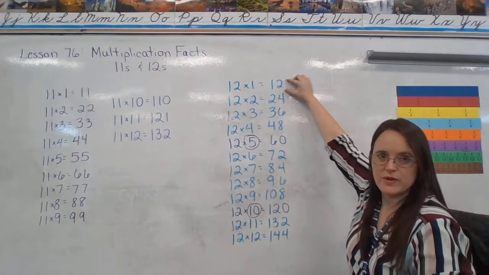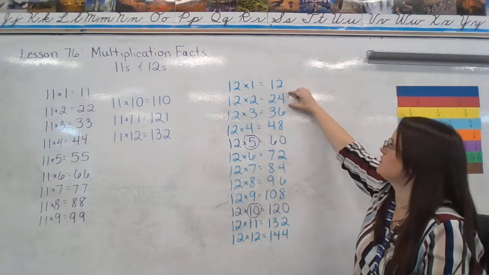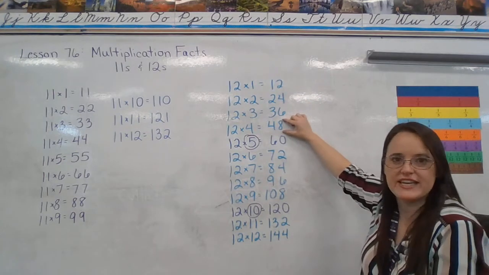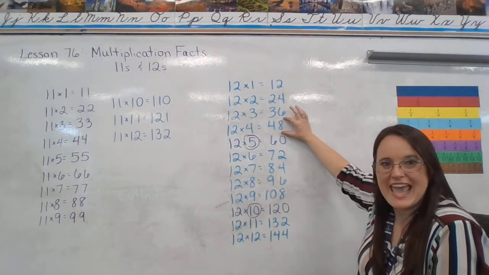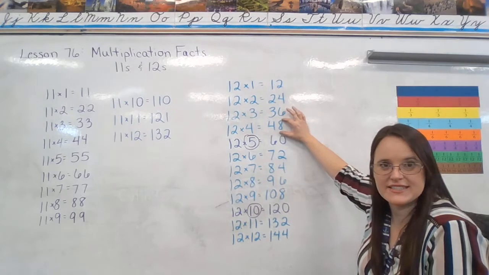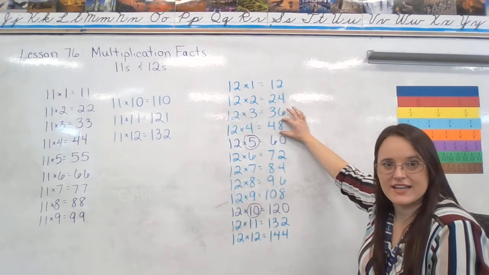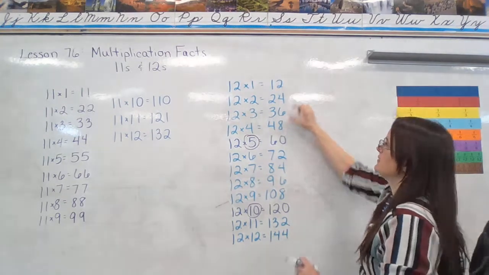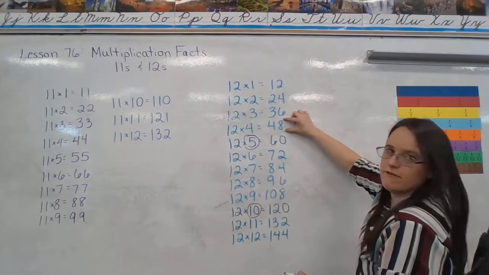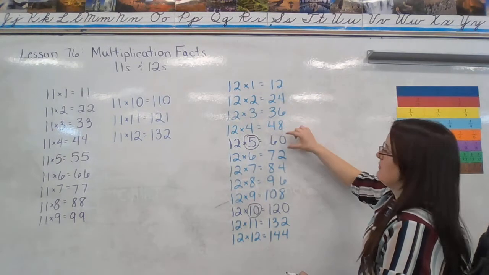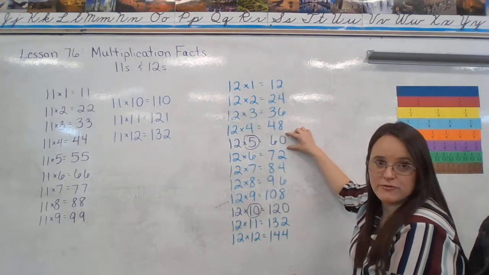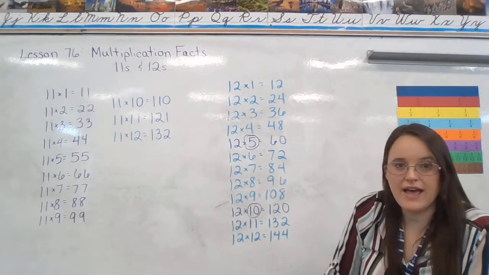So we're counting by 12s here. We say 12, 24, 36, 48. We get up to this 8 in the ones place, and we have to add another group of 12 because here we have 1, 2, 3, 4 groups of 12. If we want to do 12 times 5, we're going to have another group of 12.